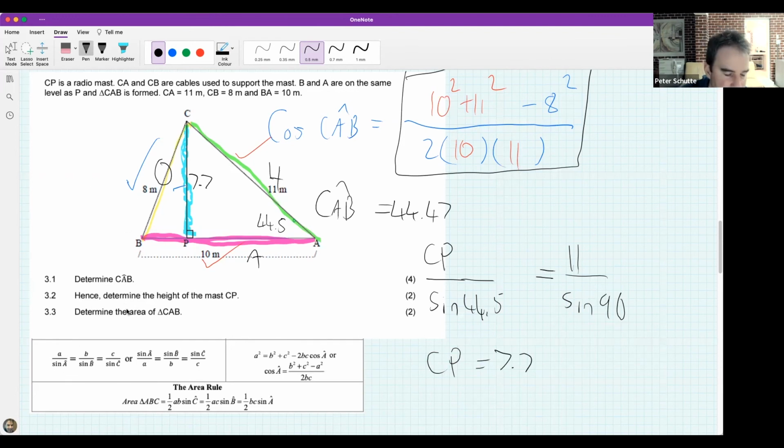All right, last bit. Last question of the day. If that's 7.7, we need to now find the area of triangle CAB. What is the area of triangle CAB? This doesn't look too difficult because I know what BA is, I know what AC is, and I know the angle that is between those two.